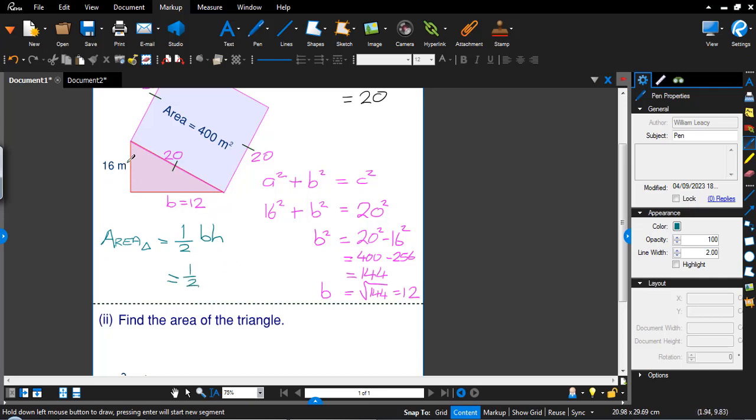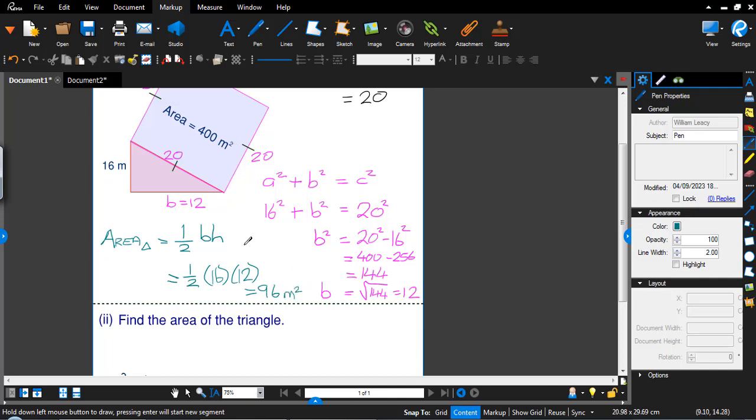Even though that looks smaller, remember these are not always to scale, okay? So just go with whatever you're told. The information, so even though that says 16, obviously it'll be longer, but just go by the information you're told. 16 times 12, and if you do that you'll get 96, and the units are meters squared.